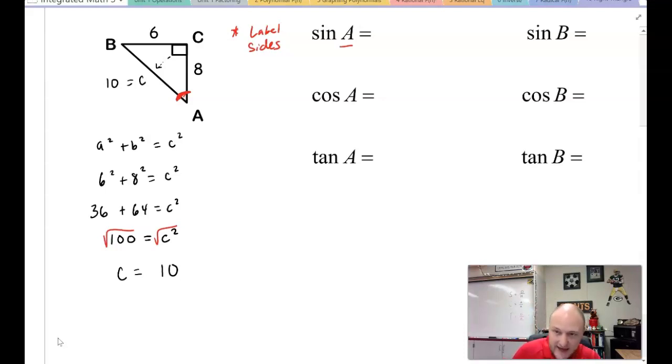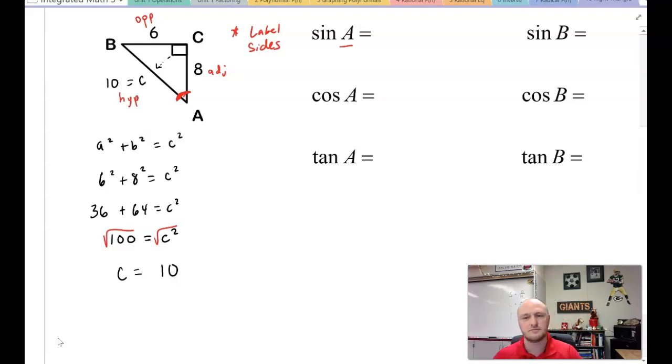From A, the side that is opposite is 6. And I would use pencil here. Make sure you're using pencil. If you like taking notes in pen, it's going to get super messy. You're going to need to erase. So I'm just giving you a heads up now. The side that's opposite is 6. The side that's adjacent is 8, and I know that that's the adjacent side because 10 is the hypotenuse.